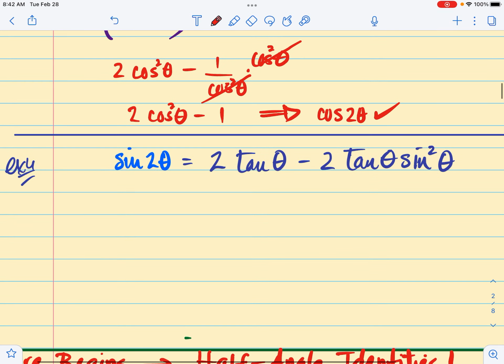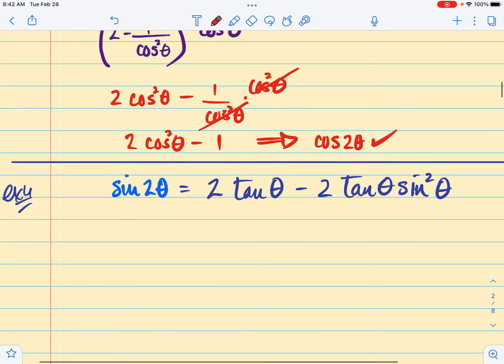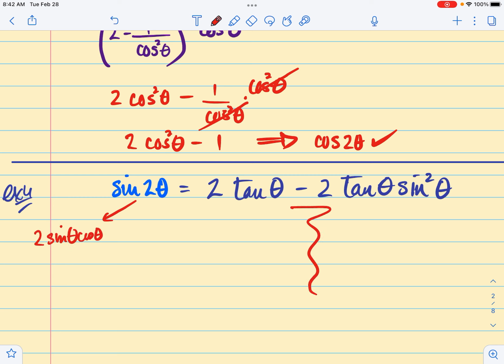And the last one here says prove that sine 2 theta is equal to all that stuff. So this is the sine 2 theta. Please identify, again, a double angle identity, but for the sine formula. That's not double, that's not double, that's not double. Okay, having identified that, the formula for this is 2 sine theta cosine theta. So when I'm solving this, I'm looking forward to running into this.